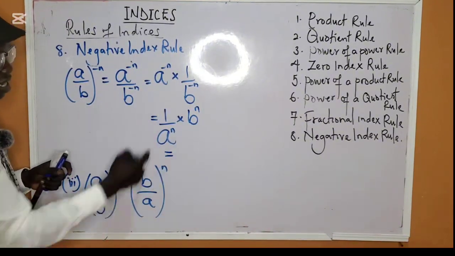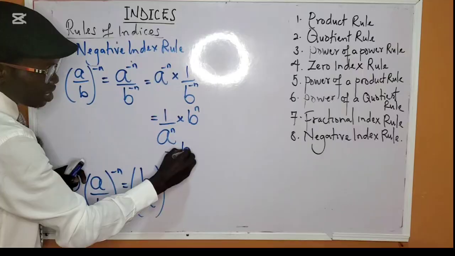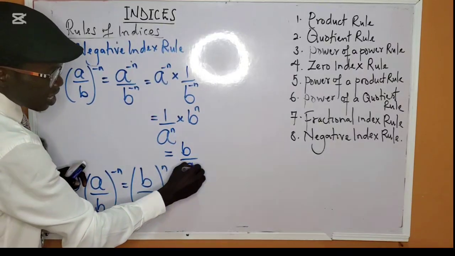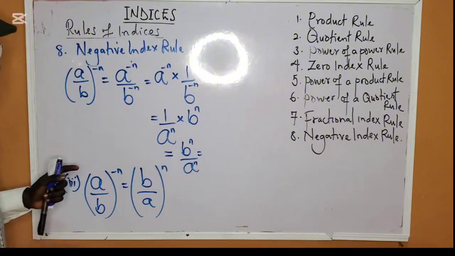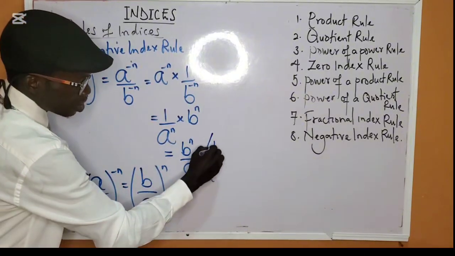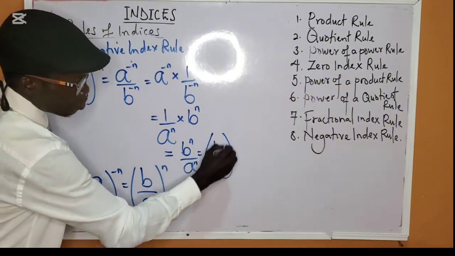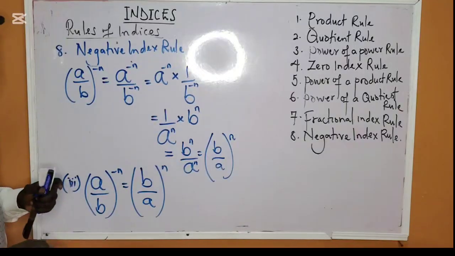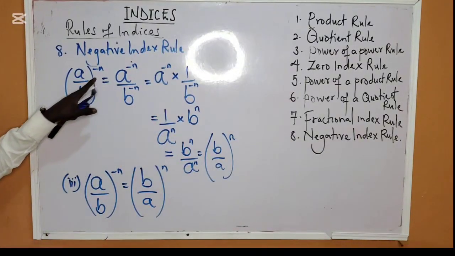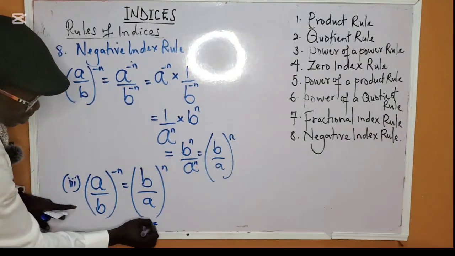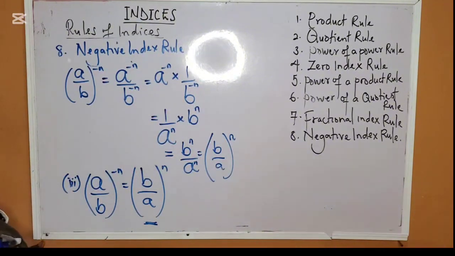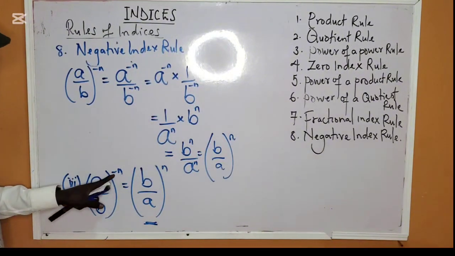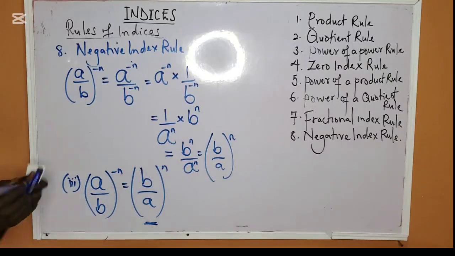Therefore, the final answer, if I multiply this by this, I will have b to the n over a to the n. So the last step is to write both in a fraction and put the power here, just like the original. So you can see that it is the same thing as what we have here. Therefore, instead of going through this long process, you can just swap it and change the power. It's as simple as that.